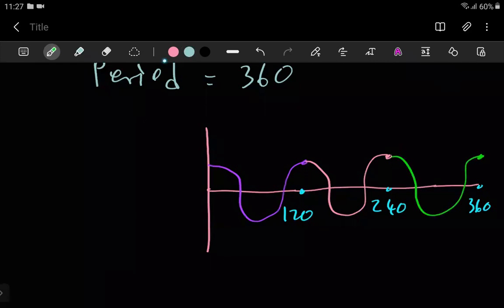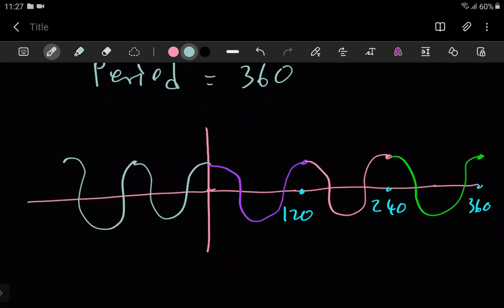On the left side, you can imagine you would be seeing the same thing. Your graph would just be starting and ending in a space of 120 degrees, and then starting and ending again, going on and on. This graph would just keep going on and on.